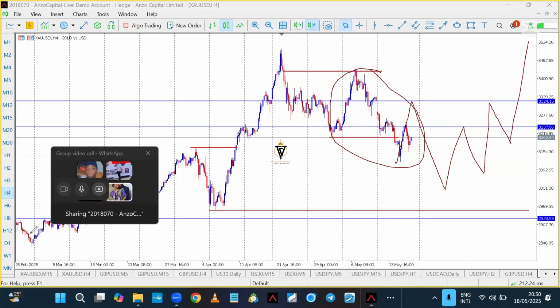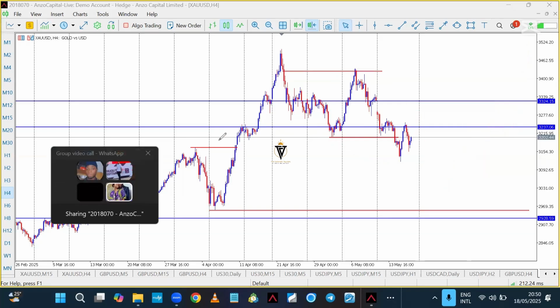I'll buy gold more, or short term, I'll sell it and then buy it more. Okay, if you can see, there is also a gap here. Price has to fill this gap.